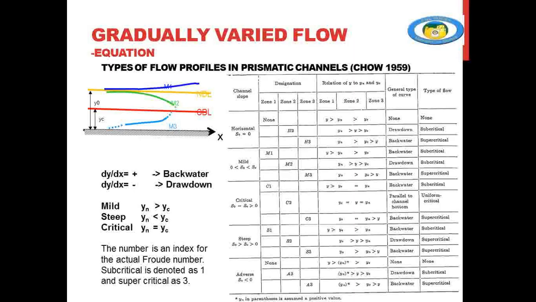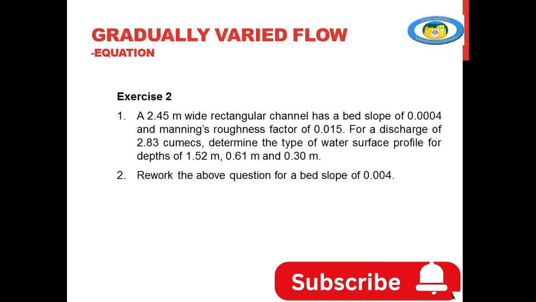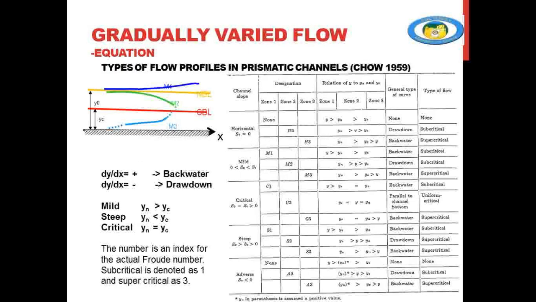In your assignments, you were asked to solve this set of problems, remember? One of which is this problem. Mind you, one of the students was asking me how we can determine the channel slopes. It is clearly established that you need to compare the normal water depth and the critical water depth.